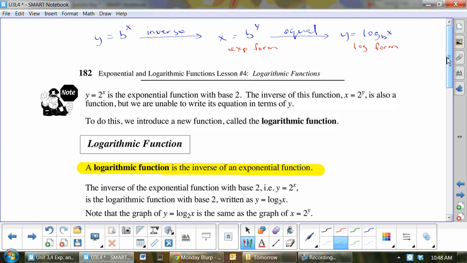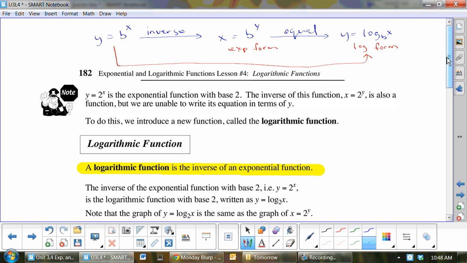Now do you see how this can get very confusing? Because to go from original to inverse, you switch the x and the y. To go from exponential to log form, you switch the x and the y. But what's the difference? You put it in log form. So, what word would you put above this line?